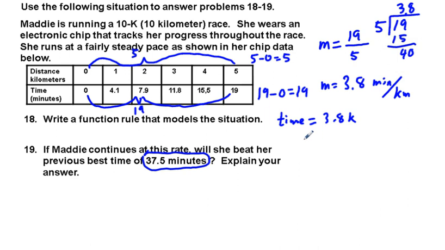So time, we'll say minutes, equals 3.8 times the number of kilometers. So if Maddie continues at this rate, will she beat her previous best time of 37.5 minutes? And so we're going to say minutes equals 3.8 times 10 kilometers, and 3.8 times 10 is 38 minutes.